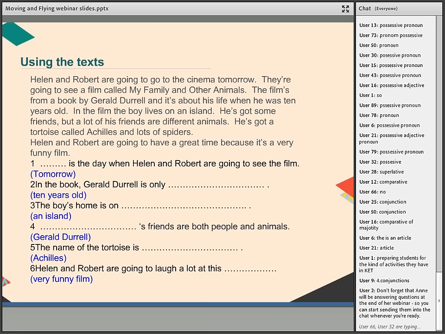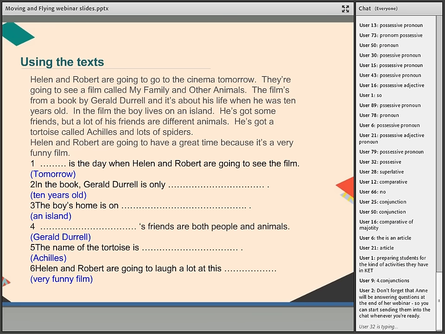What about sentence 3? The boy's home is on an island. In the text, we have this. In the film, the boy lives on an island. So we have paraphrasing of live and home. Sentence 4.